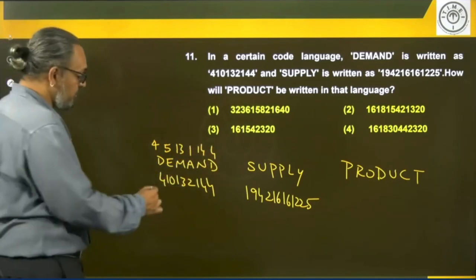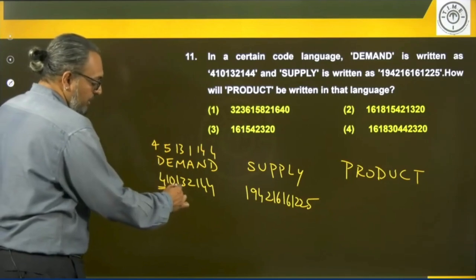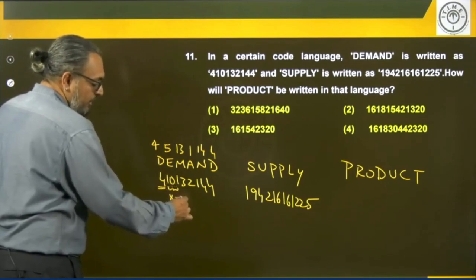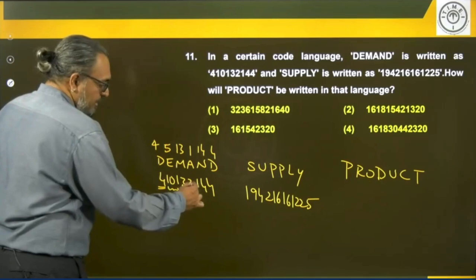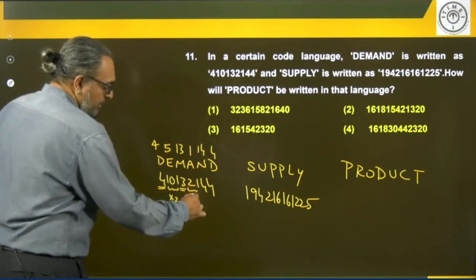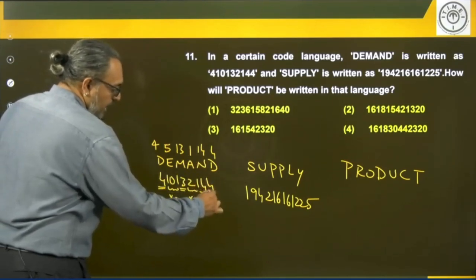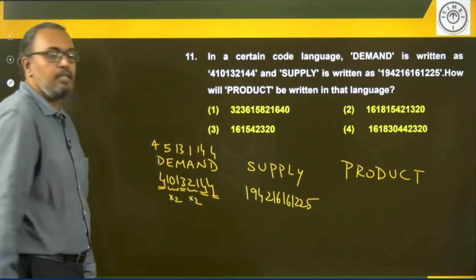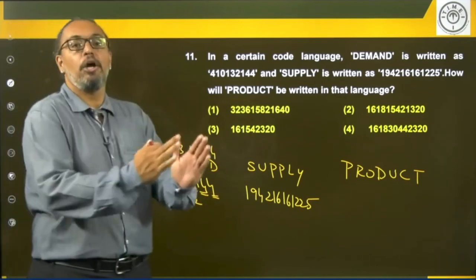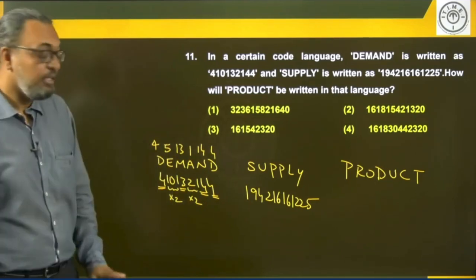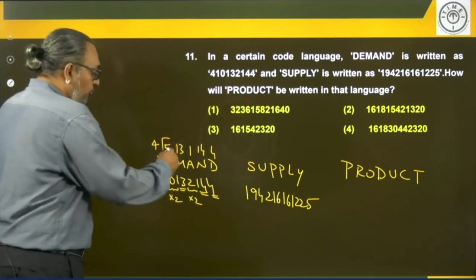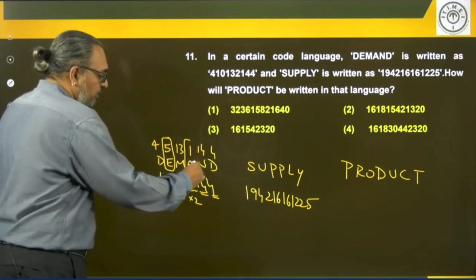Now see, 4 is as it is, but instead of 5 you have a 10, that means double. Then 13 is as it is, then 1 again is doubled, then 14 is as it is, 4 is as it is. The place values are joined together and written as a number, but only for these two, they are doubling the value. Why?